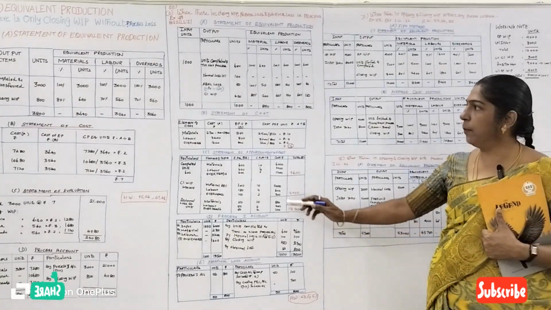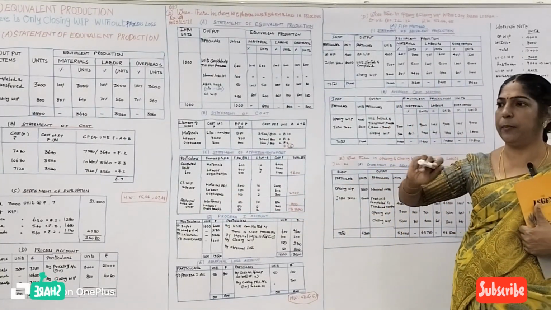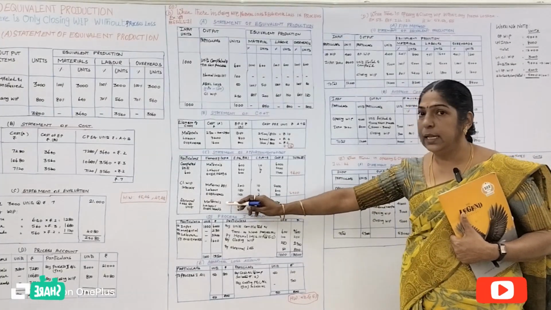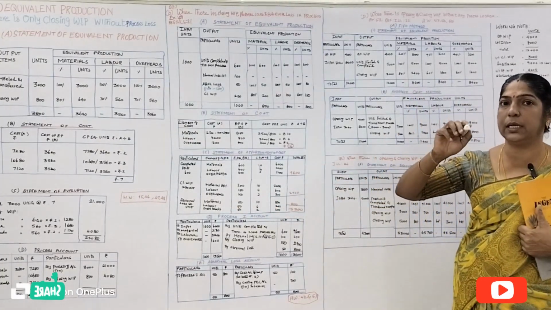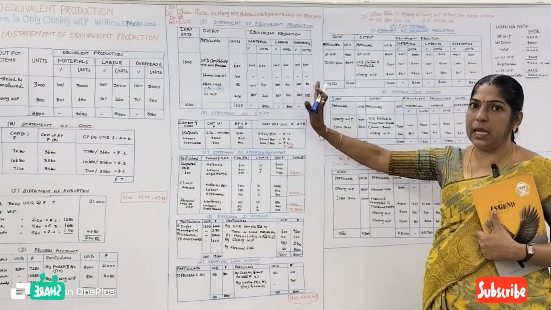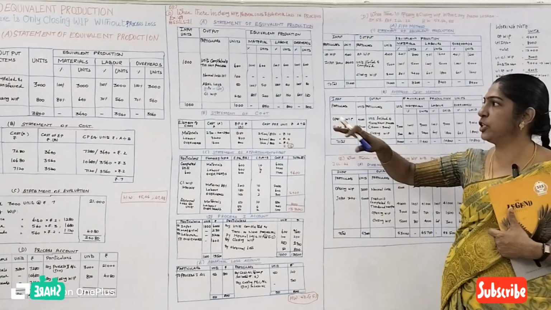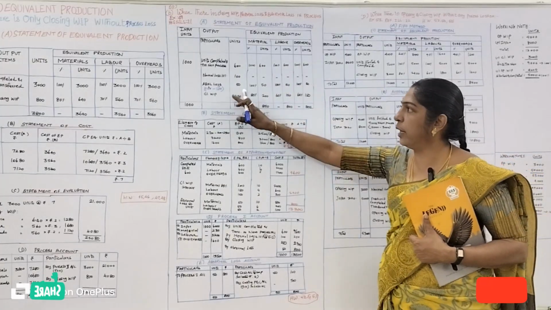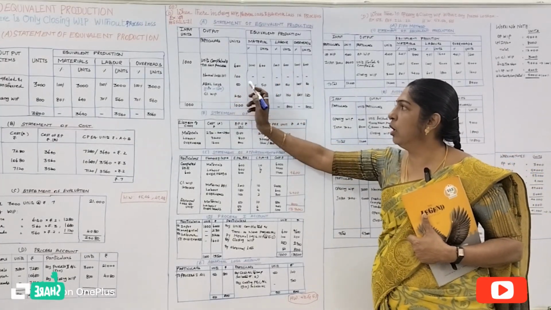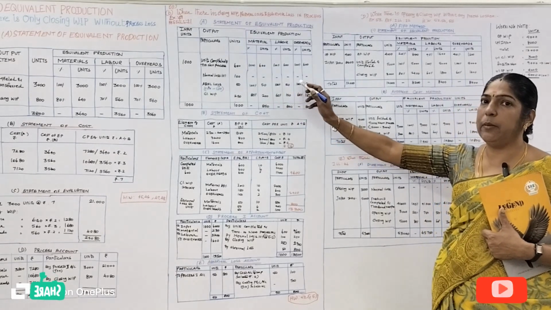Got it? Let's come to abnormal loss. How many units for abnormal loss? 50 units. The abnormal loss is calculated in the equivalent production units at 100% degree of completion, for material, labor and overheads.